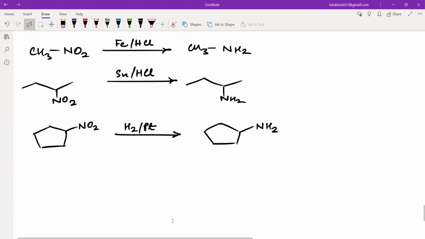When we use the active metal case, when we use Fe in the presence of HCl, then we form FeCl2 and then it gets hydrolyzed and it releases hydrochloric acid. So that is why a very little amount of hydrochloric acid is used as starting material, because it also gets produced in the product.